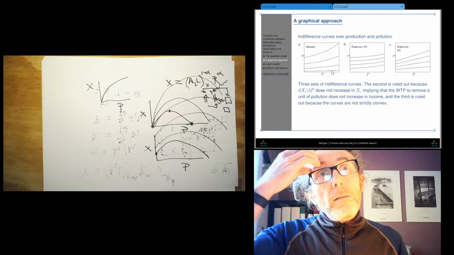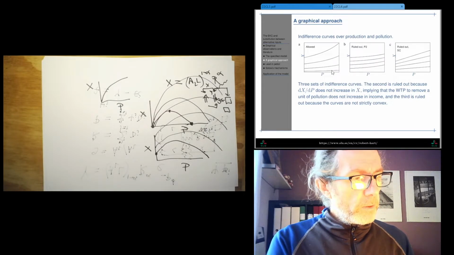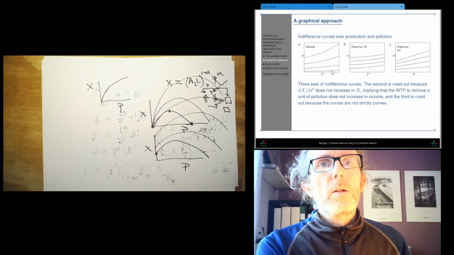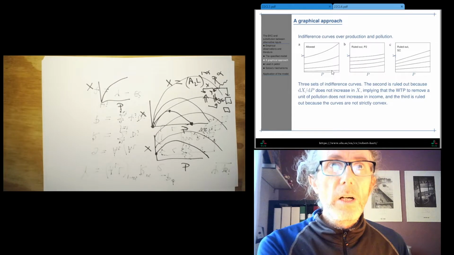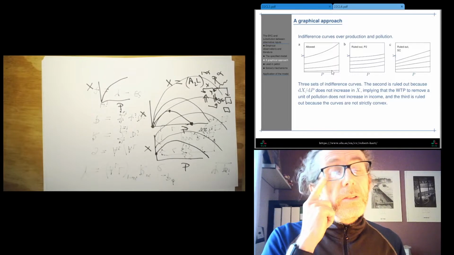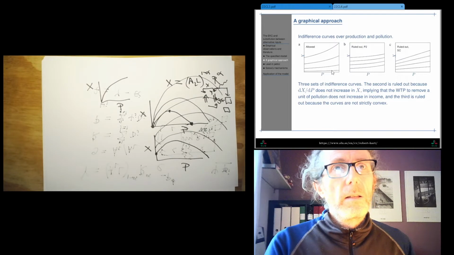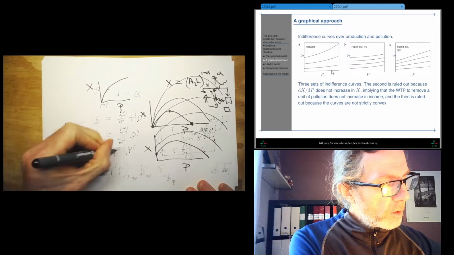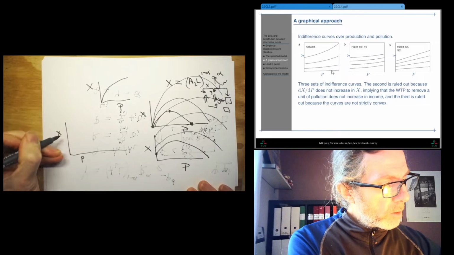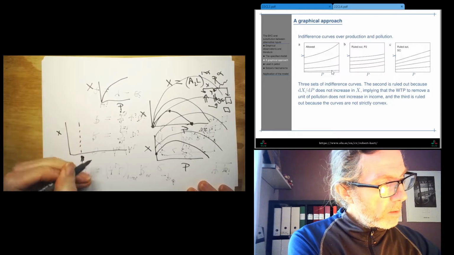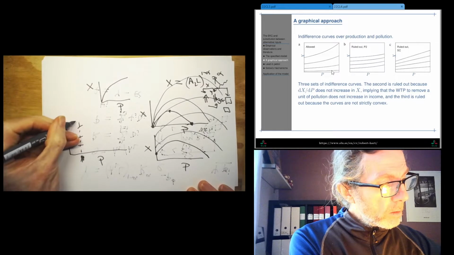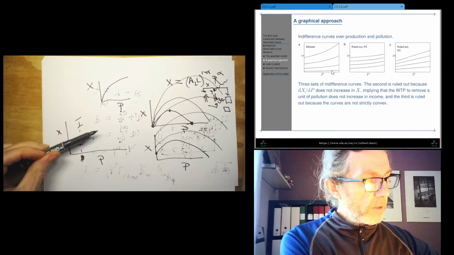If we have reasonable forms for the indifference curves where the marginal willingness to pay for pollution, dx/dp, increases in x, so the more consumption we have for a given p, the steeper the slope of the indifference curves has to be.